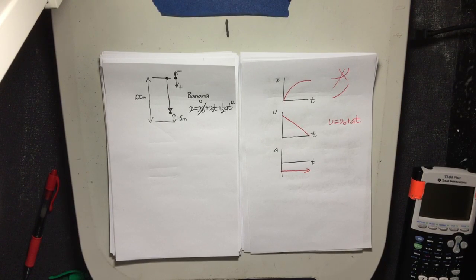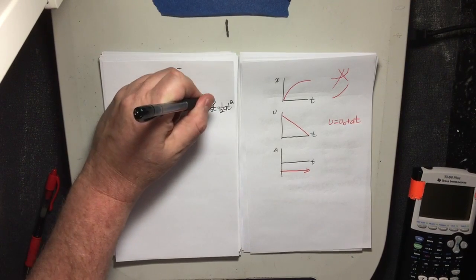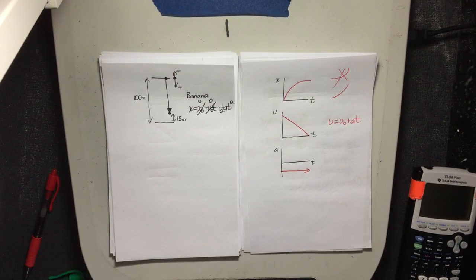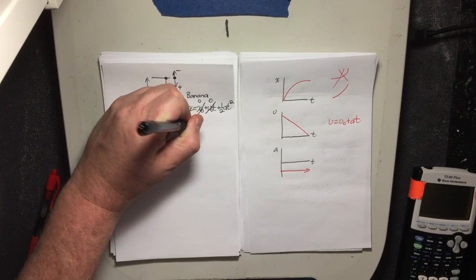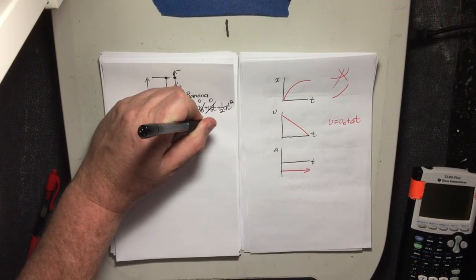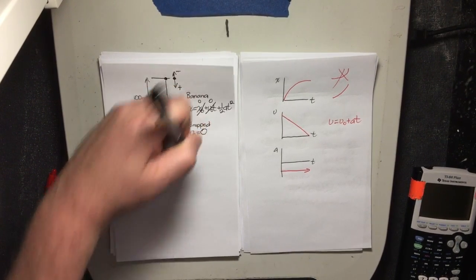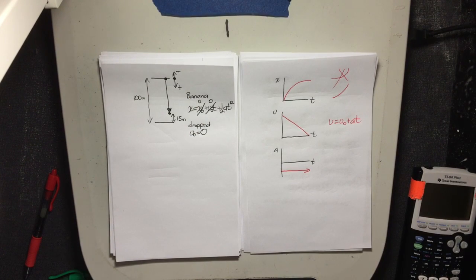The initial velocity of the banana is 0. Why? Because it was dropped. Dropped means that the moment you let go of an object, it's just suspended in air, and then it's under the full influence of gravity and starts accelerating. So drop means velocity is 0.